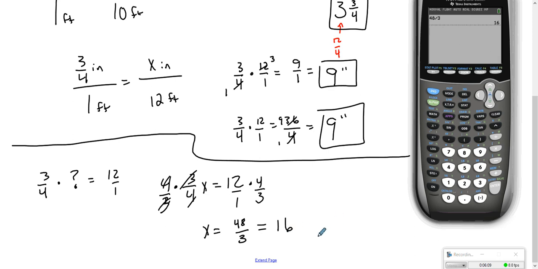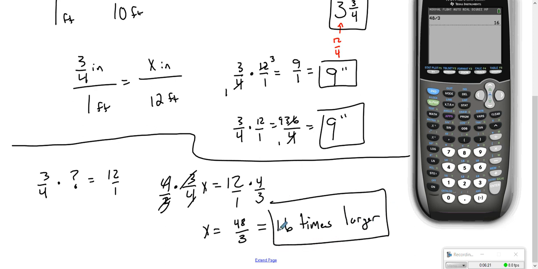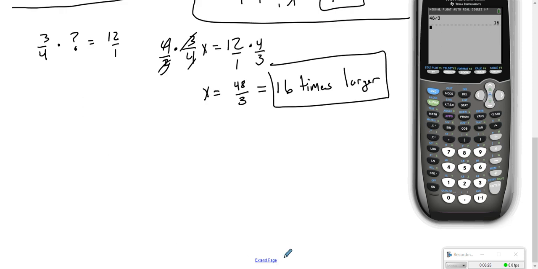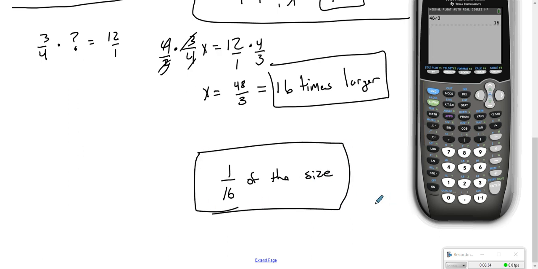So another way to express the dilation is you could say that the dilation is 16 times larger. Or you could say it's a 16th of the size. These are all ways that we can say the exact same thing.